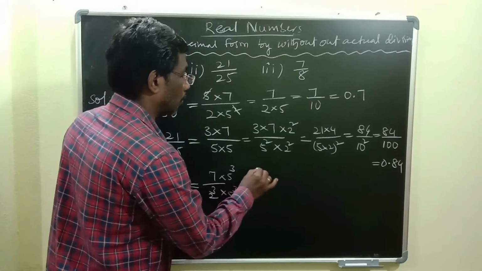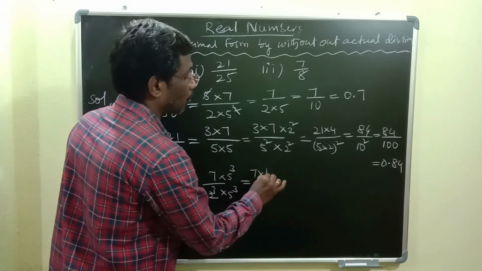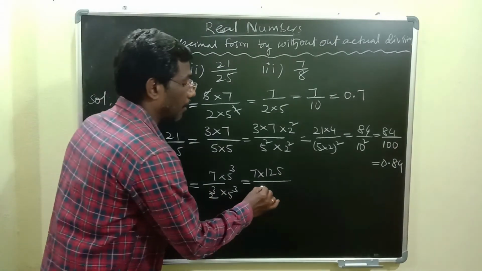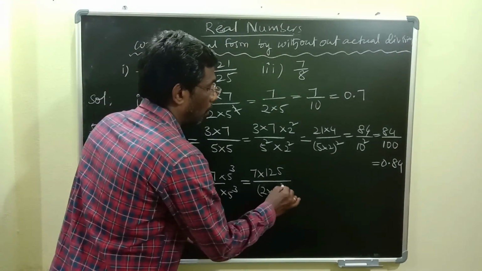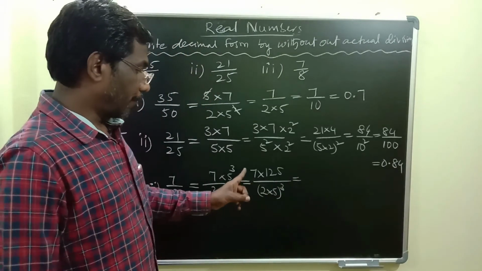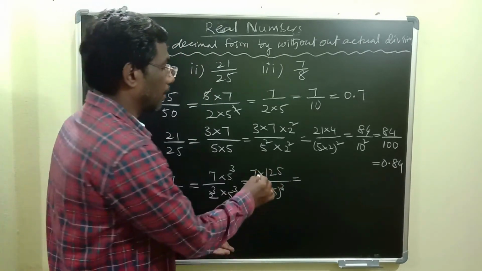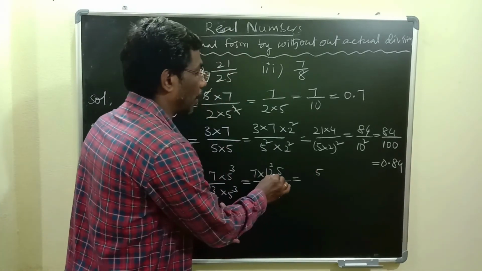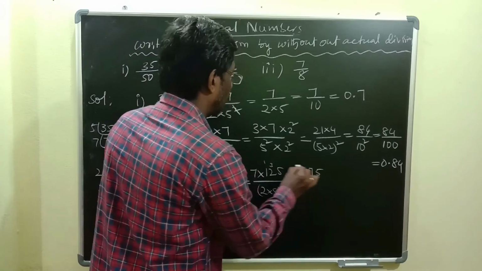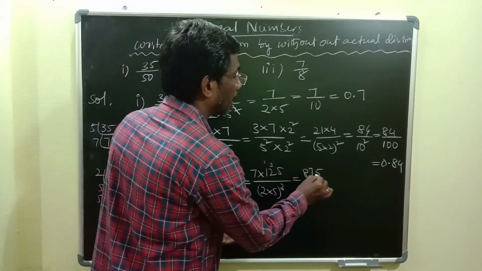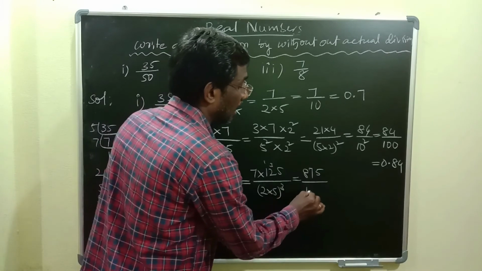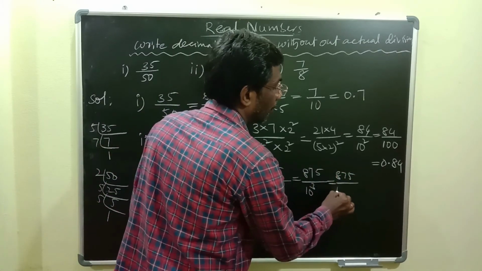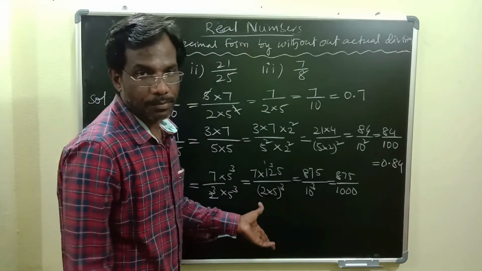Write 7 as it is. 5 cube is 125. This 2 cube into 5 cube can be written as 2 into 5 whole cube. If we multiply 7 with 125, we get 7 fives are 35, 7 twos are 14, 14 plus 3 is 17, 7 ones are 7, 7 plus 1 is 8, so 875 by 10 cube, which is 1000.